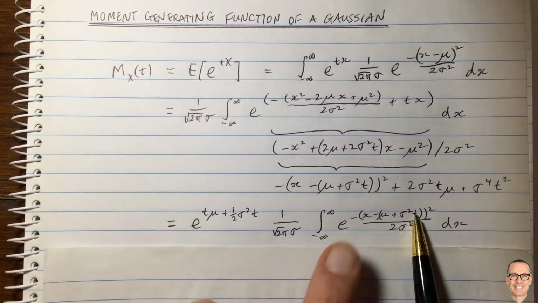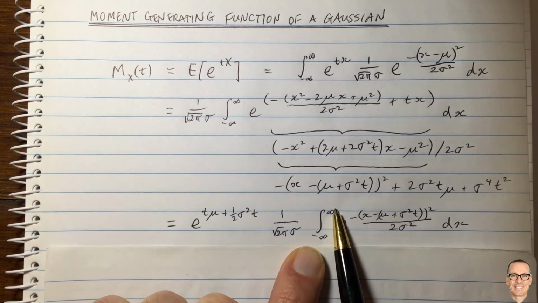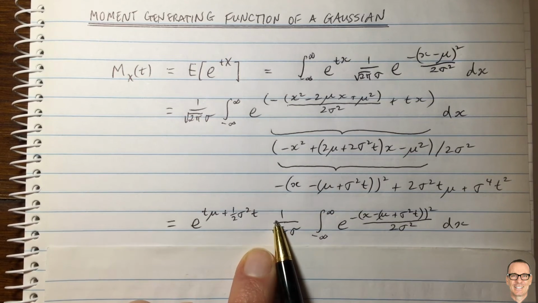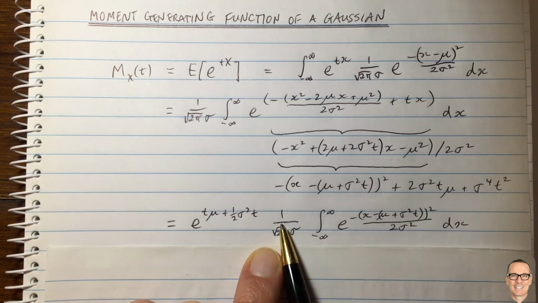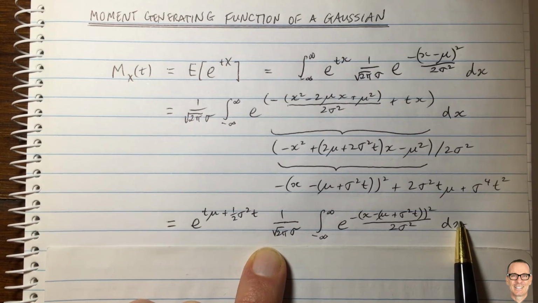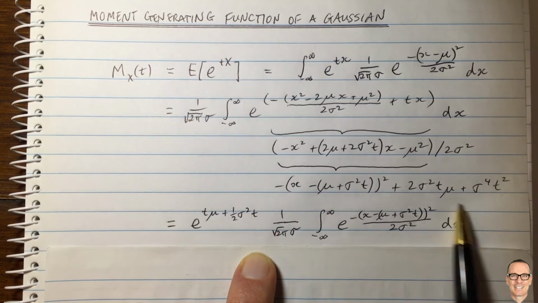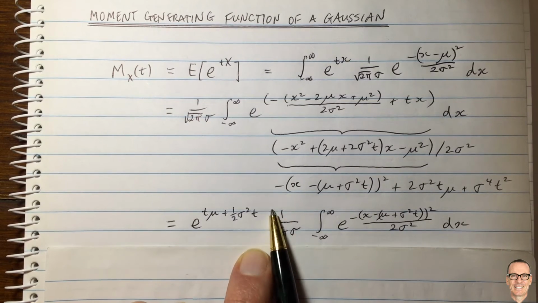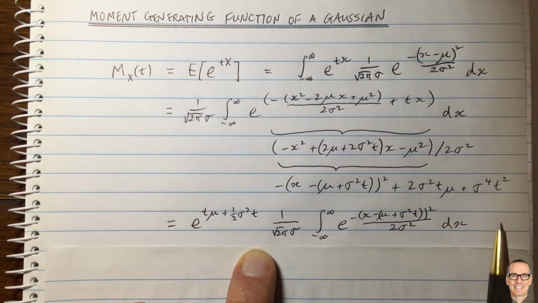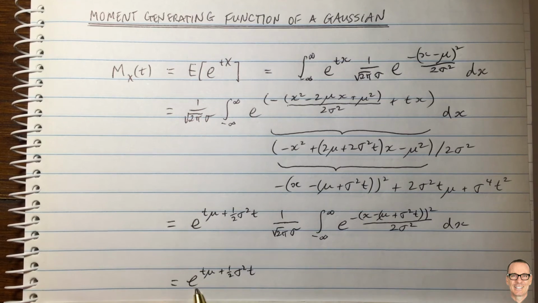It's just got a different mean. But we're integrating from negative infinity to infinity, so because it's a Gaussian, we know that the area under the Gaussian equals 1. So this entire integral here with the 1 on 2 pi sigma simply equals 1, and we're just left with this term here. So this is the moment generating function of a Gaussian.